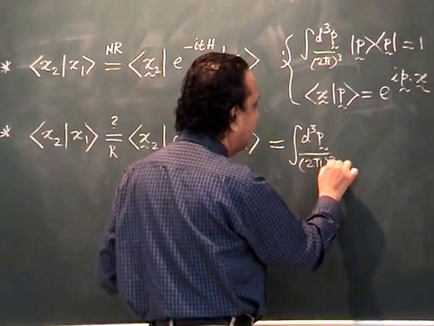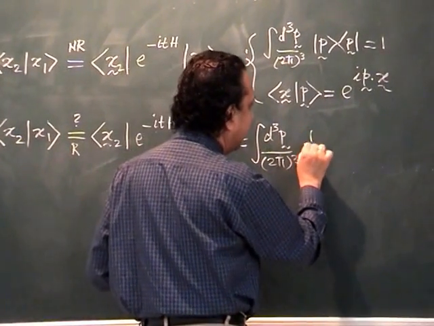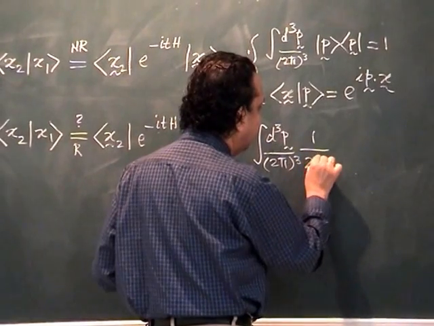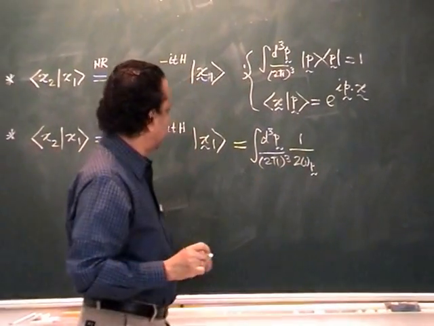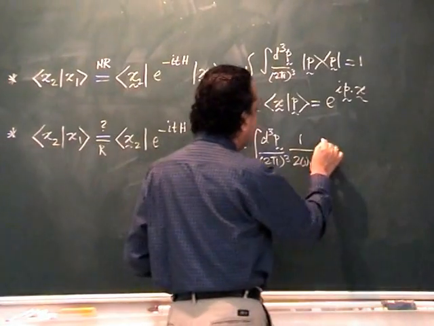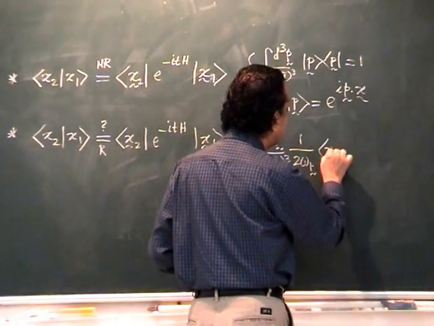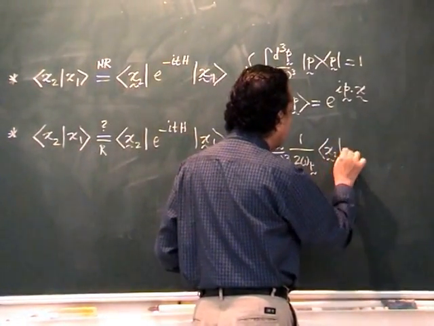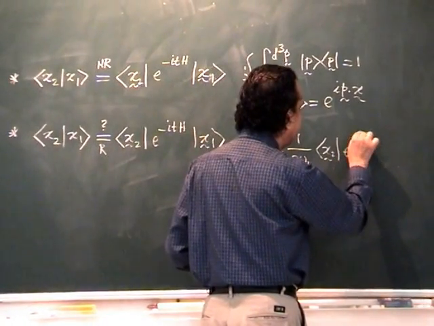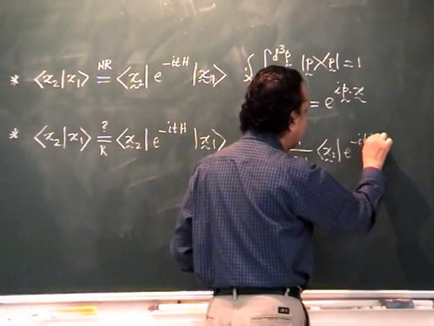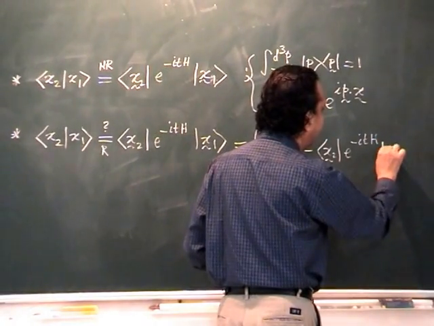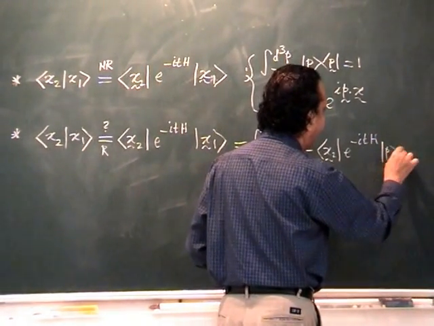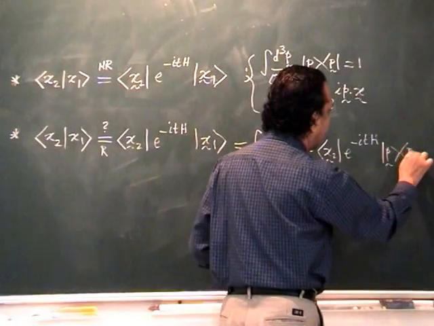But we want the momentum space integrations to be Lorentz invariant, so I have to put this 2ω_p. This is what causes half the trouble. Then I have ⟨x2|e^(-itH)|p⟩⟨p|x1⟩, with some Hamiltonian which depends only on momentum for a free particle.